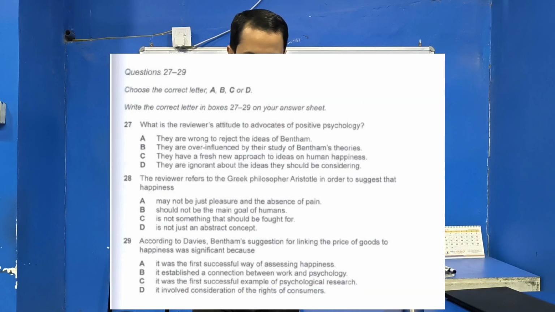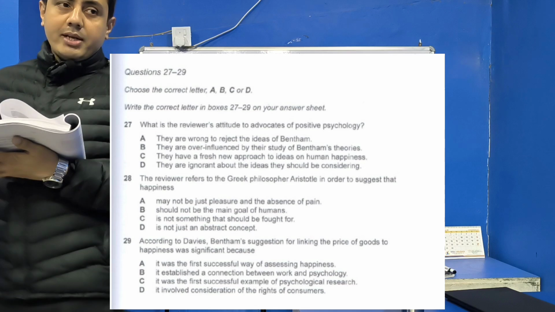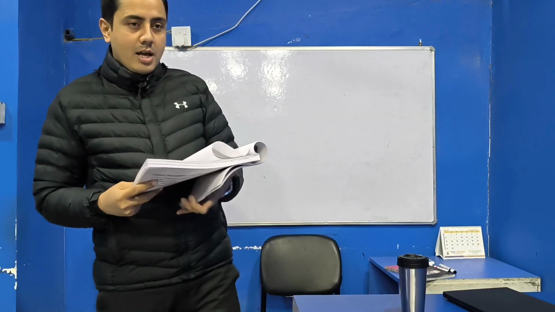If you look at the options, maybe option number A. Happiness may not just be pleasure in the absence of pain. It is not that. Bentham thought that, but Aristotle doesn't think that. He thinks something else. So that's why he is mentioned in the text, to contrast those two things.